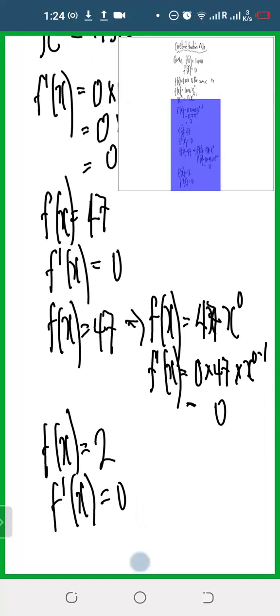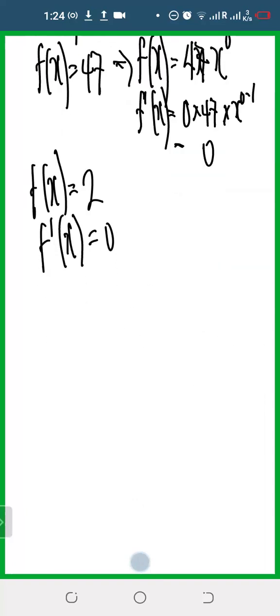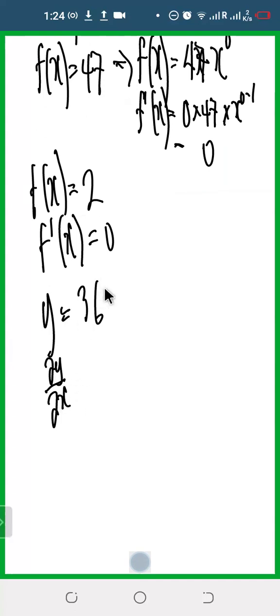Let me just use one more example, in the form of y equal to 36. In this case, differentiating will be in the form of dy/dx, assuming that we have an x raised to power 0 here.